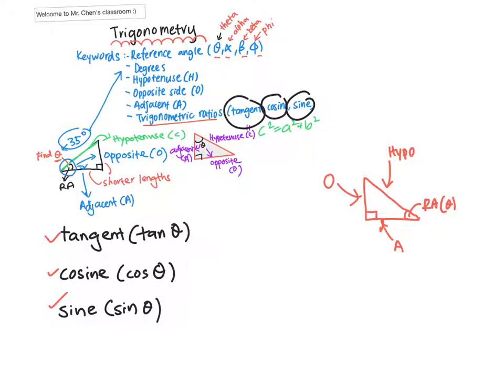So each of these 3 trigonometric ratio has fixed formulas. For tangent, it is equal to opposite over adjacent.